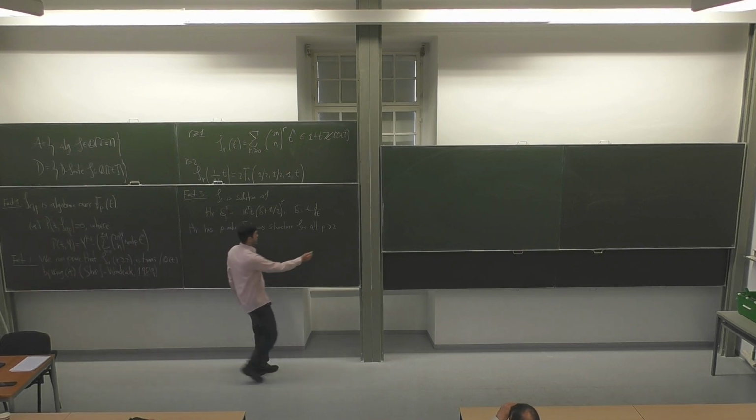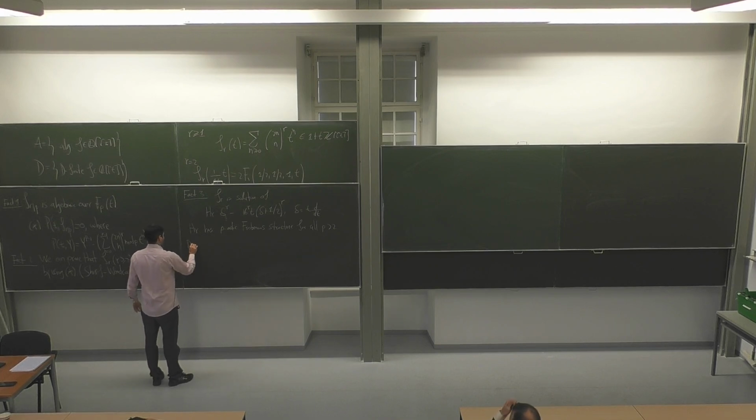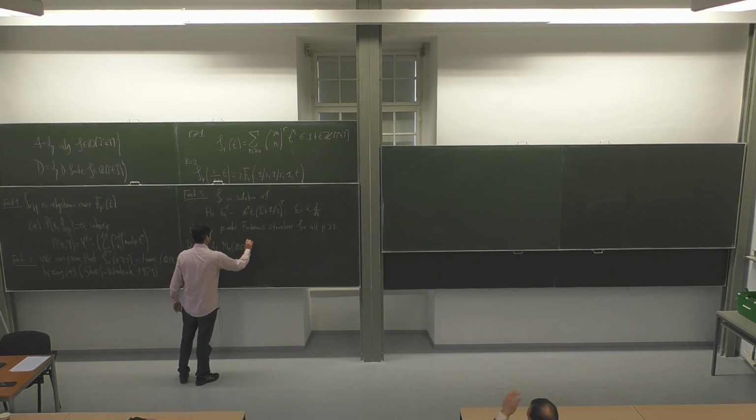So let me recall the definition of the Frobenius structure. We take a matrix A with coefficients in Q(t).